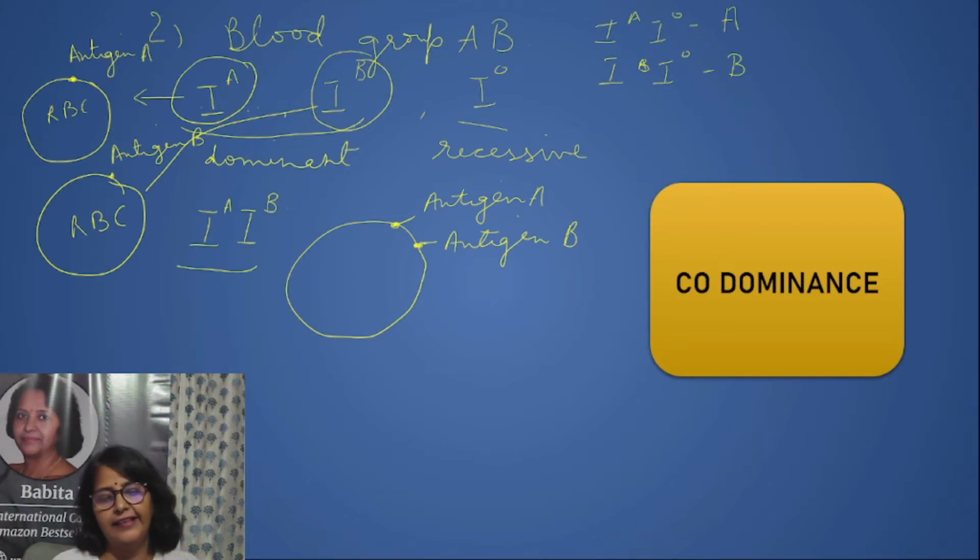This is an example of codominance, where both the alleles are capable of expressing themselves. So blood group AB is another example of codominance.